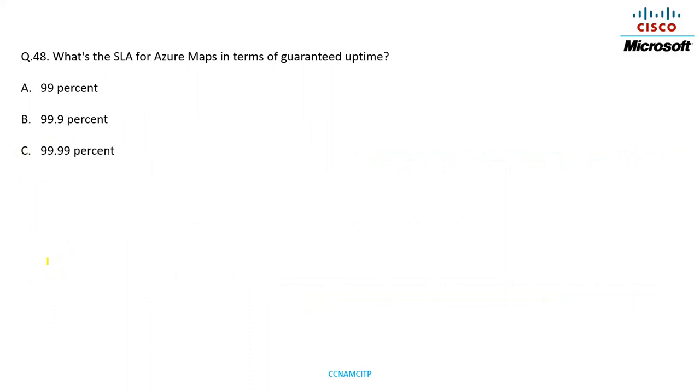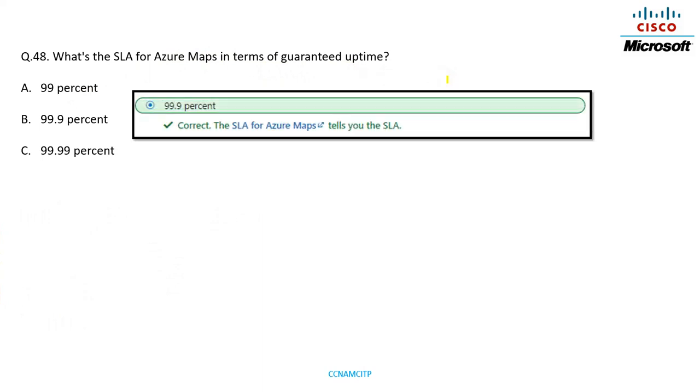Next question, what is the SLA for Azure Maps in terms of guaranteed uptime? So the SLA is 99.9%. Okay, you can even Google it.